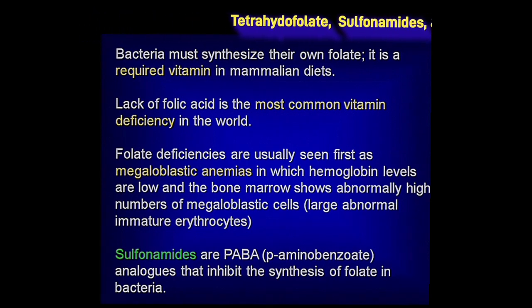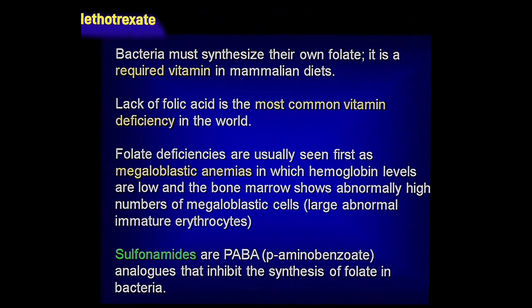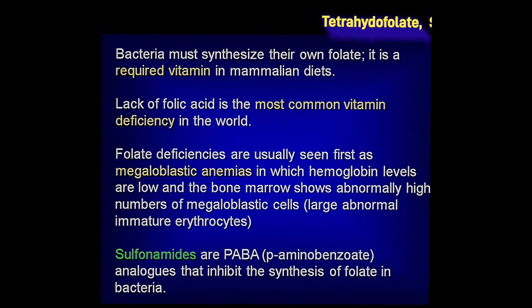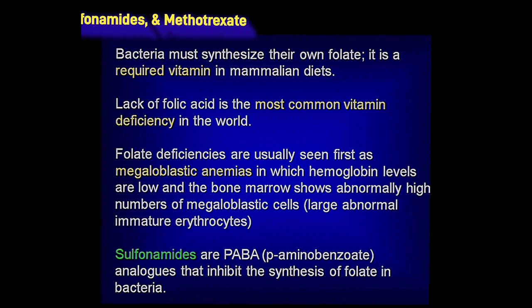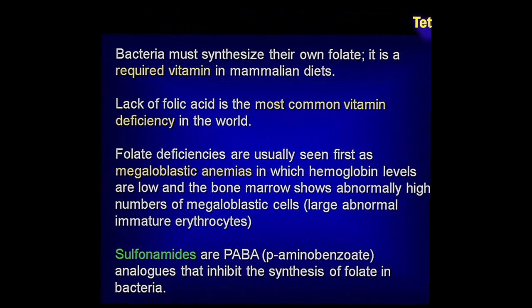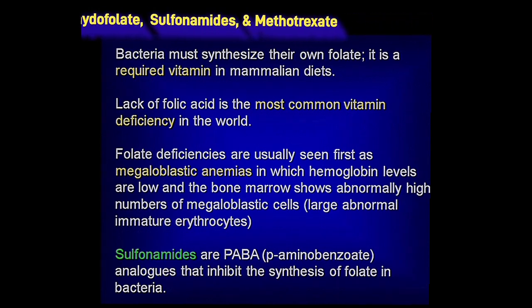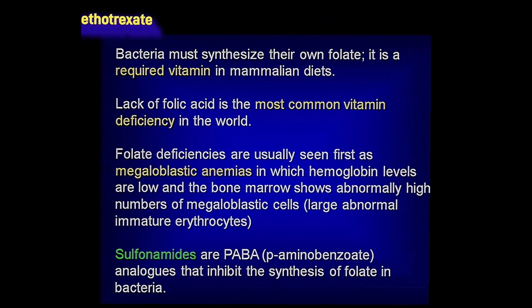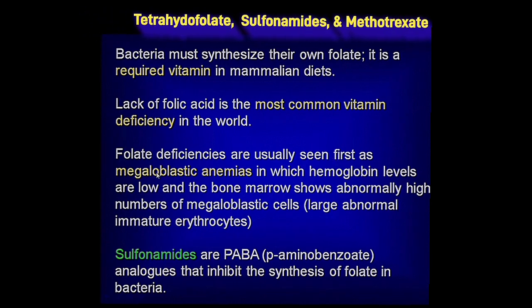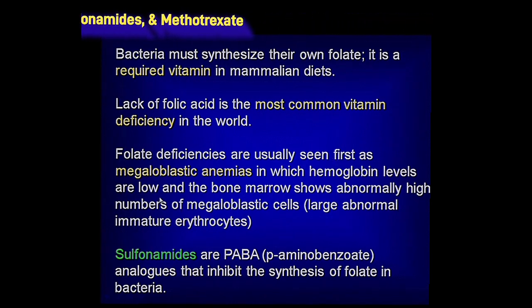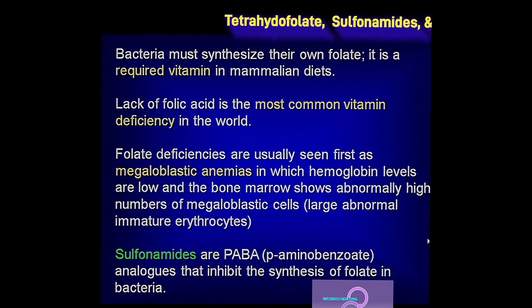I just want you to appreciate that rapidly dividing cells, like hematopoietic cells, red blood cells, or white blood cells, skin, gastrointestinal tract, and many other rapidly dividing cells need a constant supply of nucleotides to make nucleic acids, to divide, to replicate, for cell division, and so on. So red blood cells are particularly dependent on the ample supply of purines and nucleotides. That's why you get megaloblastic anemia.